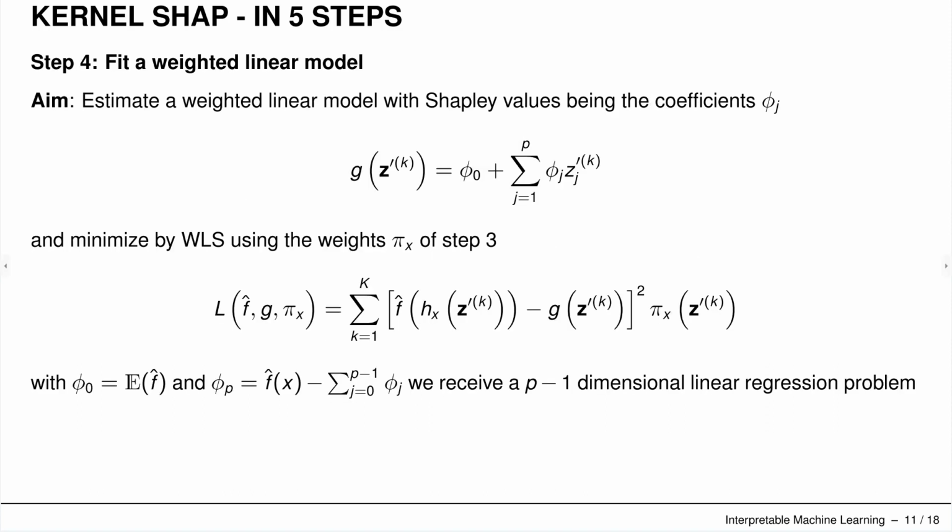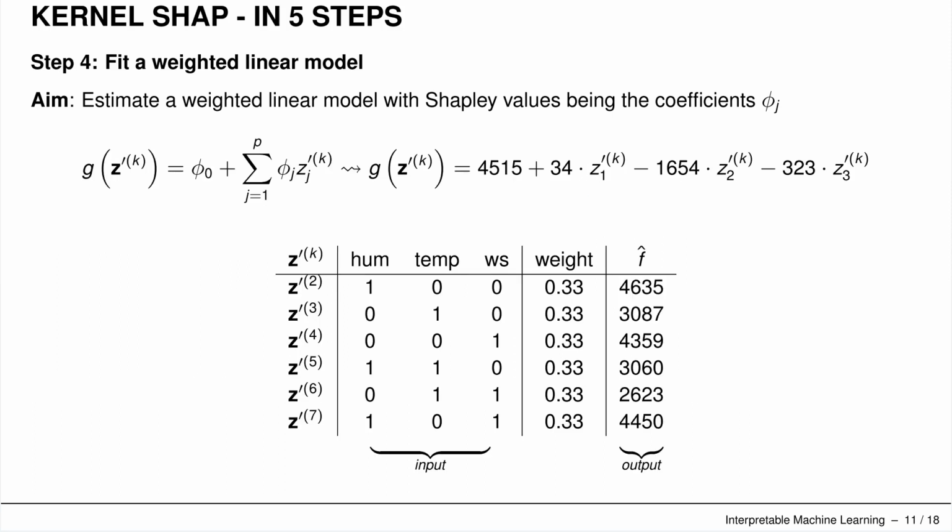So now we fit a weighted linear model, a linear model where our Shapley values are the coefficients, and the Z matrix is our X. We use weighted least squares to solve that. That gives us a P minus 1 dimensional linear regression problem.